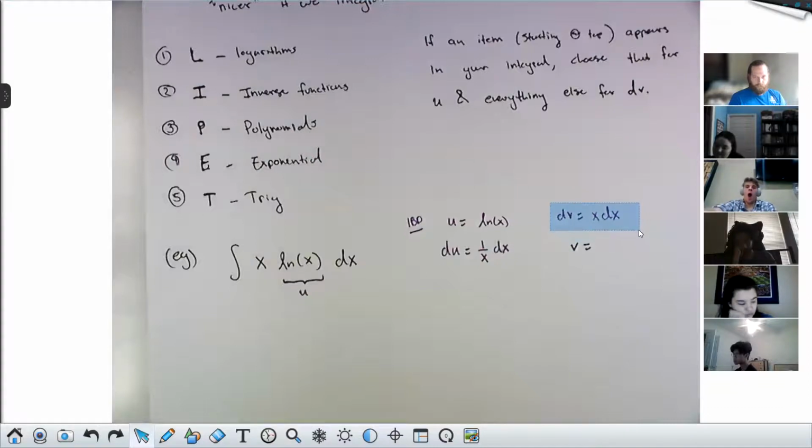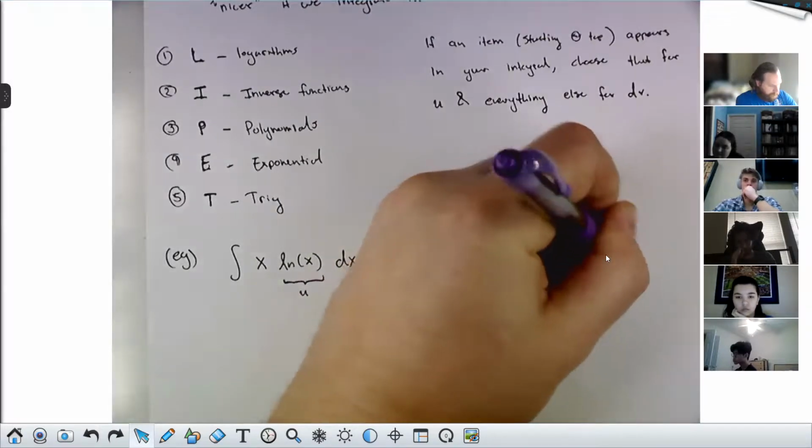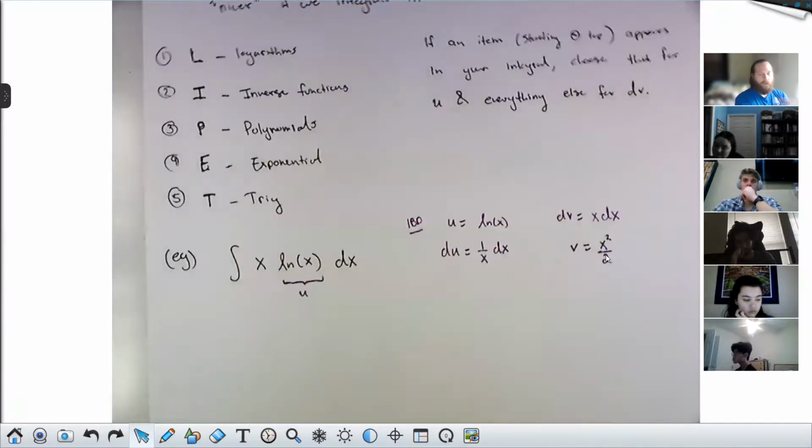If dv is x dx, then v is the antiderivative for x squared over 2. And another neat trick, you could actually use any antiderivative here, right? You notice I'm not writing a plus c. Usually when we do an integral, we write a plus c, right? I could pick x squared over 2 plus 3, or x squared over 2 minus 7.